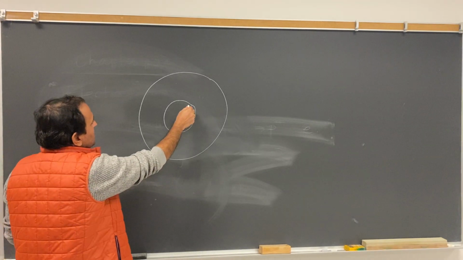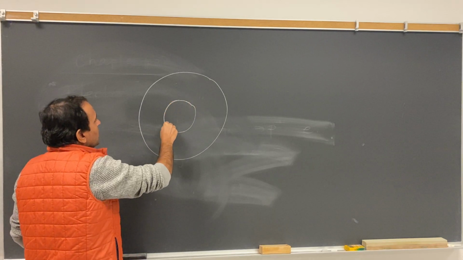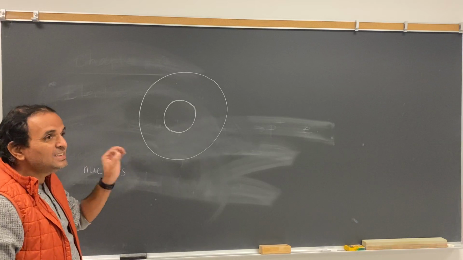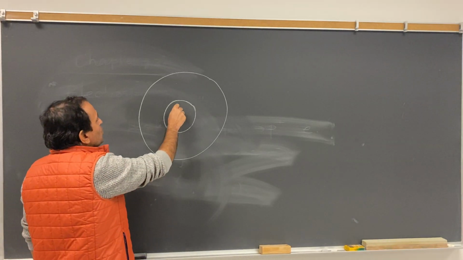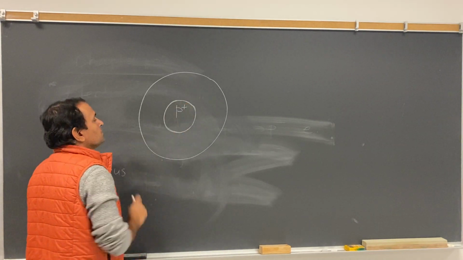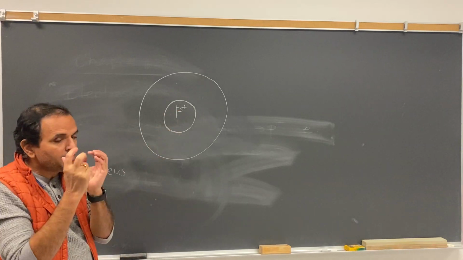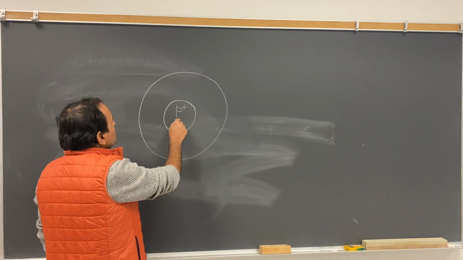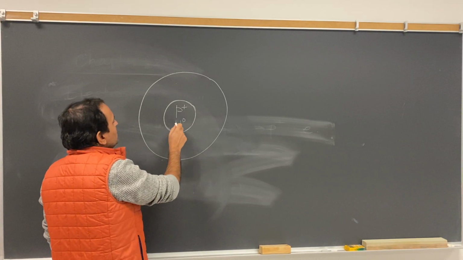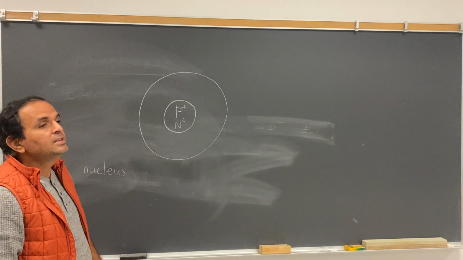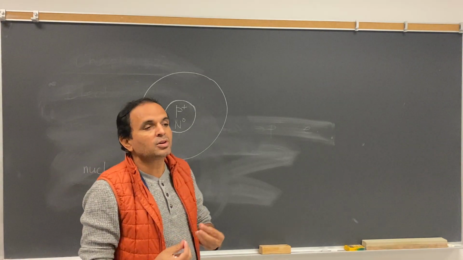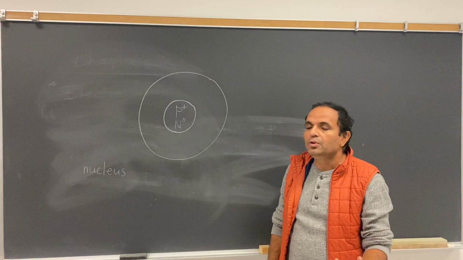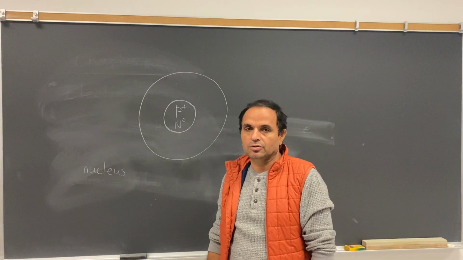Inside the nucleus you have a proton, P plus, in a really very small region, and the neutron you can write as N0. Depending on the size of the atom, different atoms have different numbers of protons, neutrons, and of course electrons.